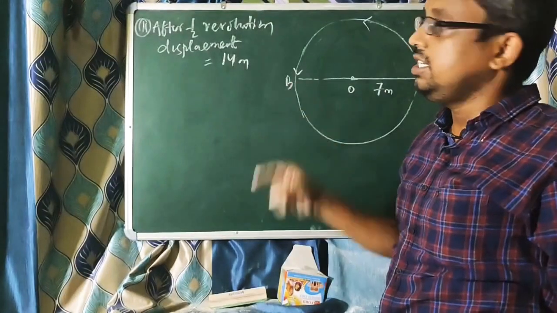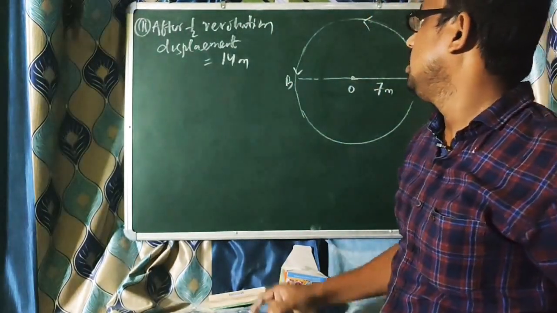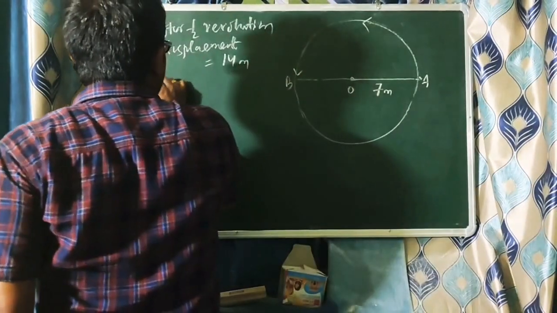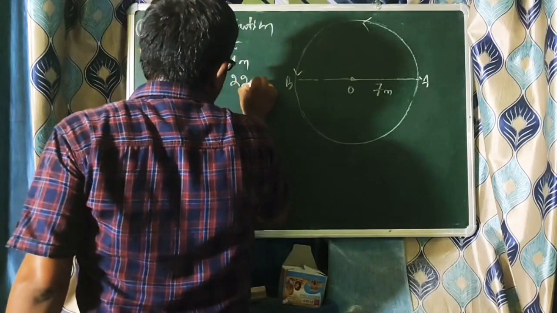So A to B will be the shortest path, and that will be equal to 14 meter. And here the distance will be half of 44, that is 22 meter.